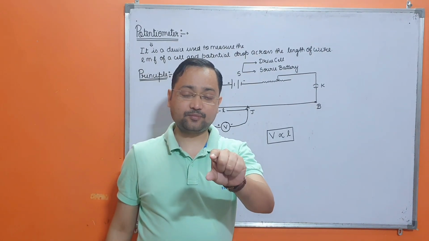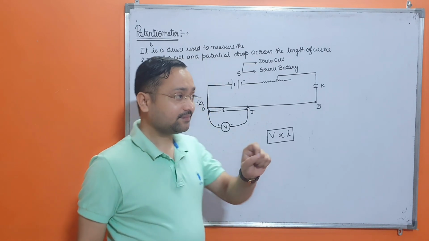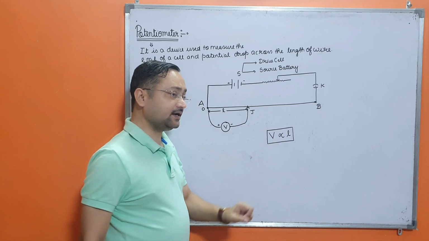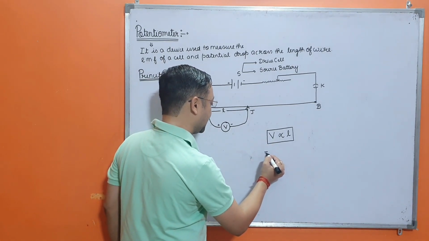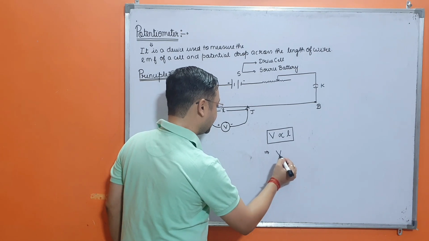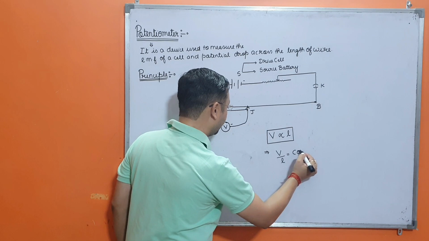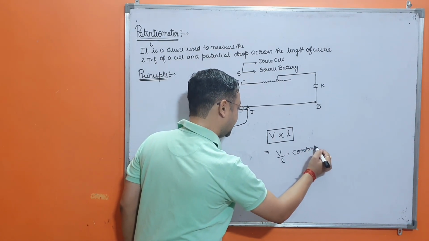So what is the principle of the potentiometer? The potentiometer works on the principle that the potential drop across the length of the wire is directly proportional to the length of that portion. This implies that the ratio V by L will be constant, that is, the potential drop per unit length will be constant.